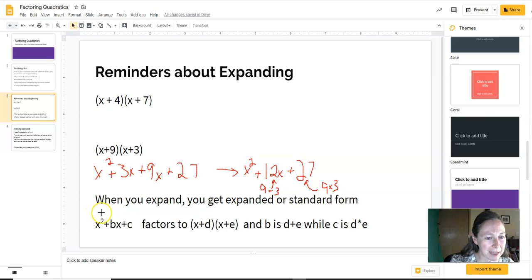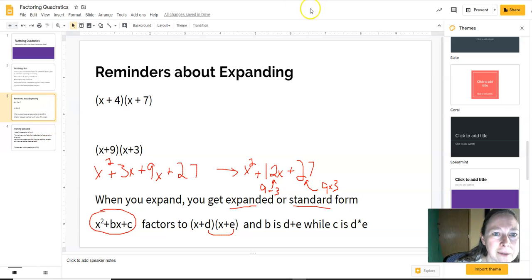When you expand, you get expanded, or sometimes called standard form, which looks like this: ax squared, the a in this case is 1, plus bx plus c. And when it factors out, b is d plus e, and c is d times e. So you can use that knowledge to refactor an expanded expression back into its factored form.